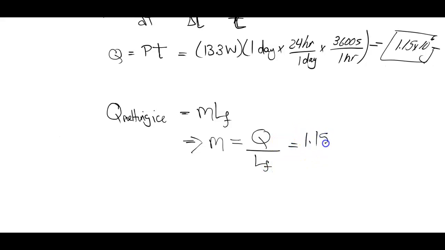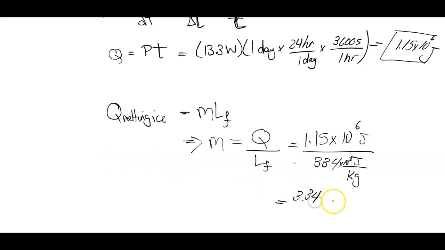The energy associated with melting the ice is what we just found, the 1.15 times 10 to the 6 joules. And then the latent heat of fusion for ice is 334 times 10 to the 3rd joules per kilogram. And if we do that, we get about 3.44, sorry, kilograms.